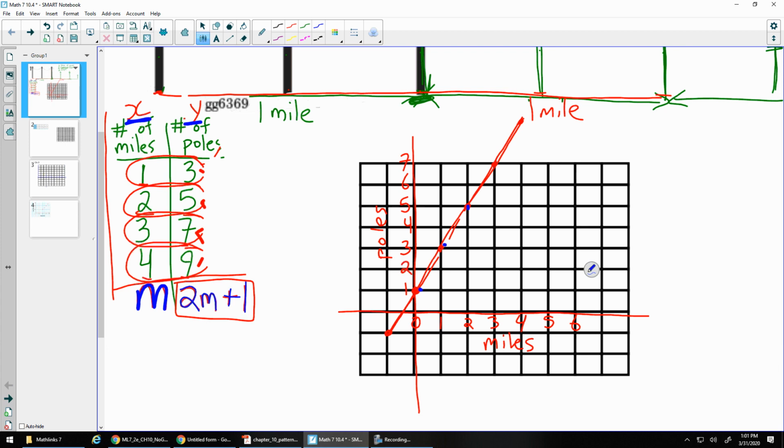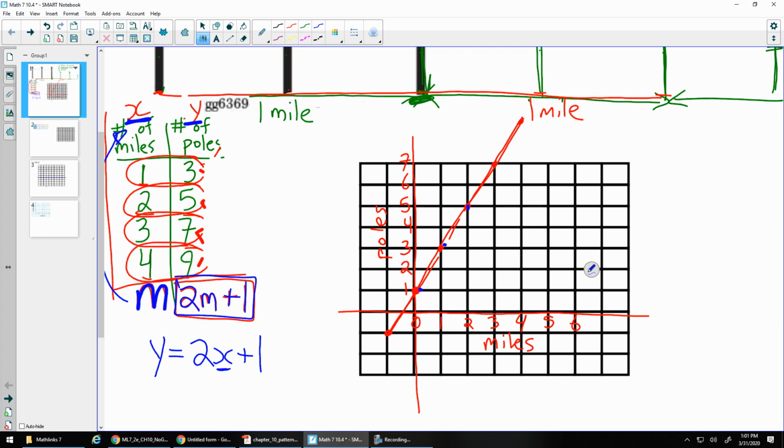So in this case, our equation, we could say, is y is equal to 2, and we said m is equal to x, so 2x plus 1. The x value of our graph times 2 plus 1 is going to give us our y value.